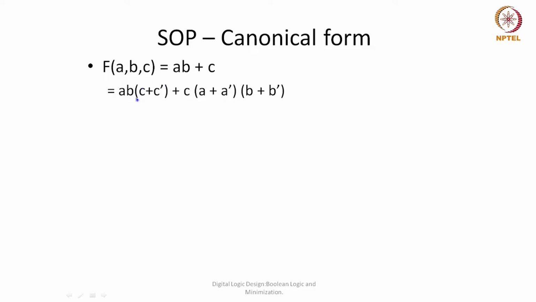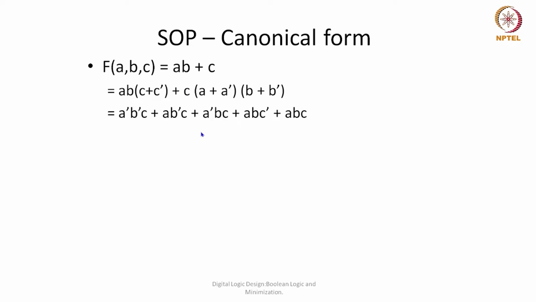So I am multiplying ab with c plus c dash, and I am multiplying c with a plus a dash and b plus b dash. The overall idea is so that I can have all the variables in each product term. Now I can multiply ab with c and ab with c dash, and similarly I will multiply this whole expression.